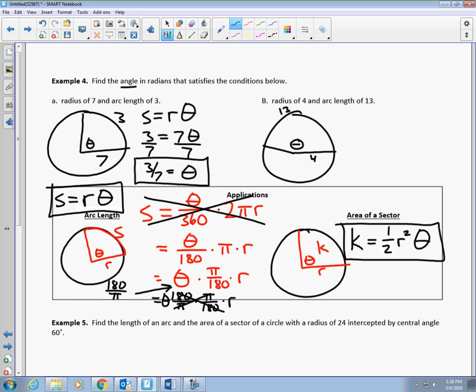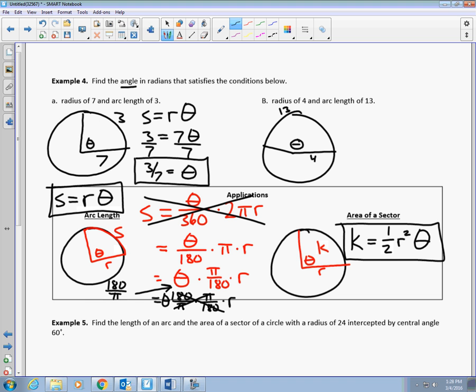Do I have more than 2? Do I have more than 3? Do I have more than 4? No. You can see that if you have 13 total for an arc length, you have 3 and a little bit more wrapped around.